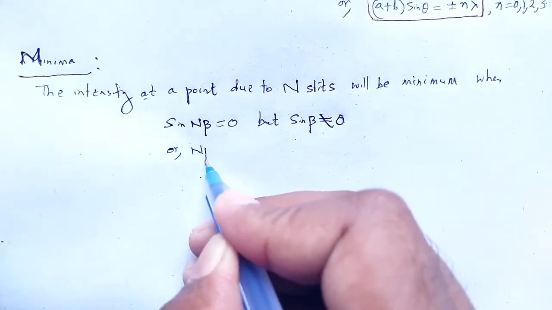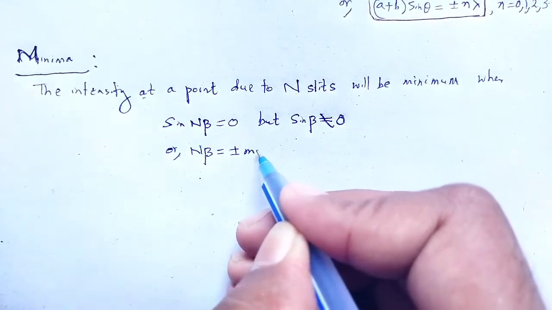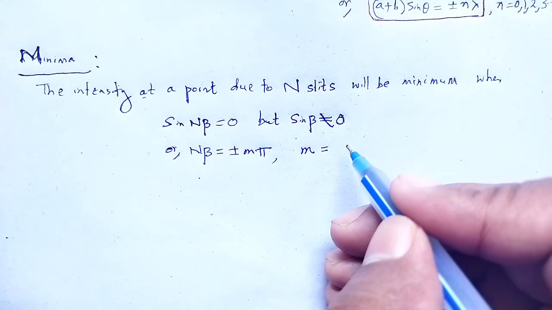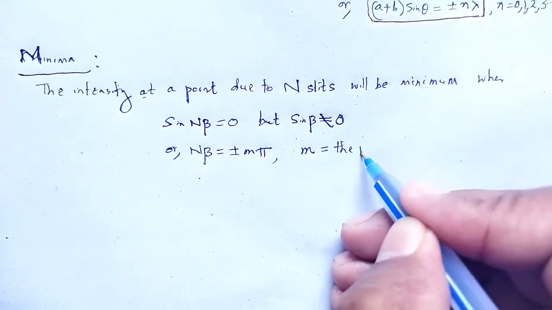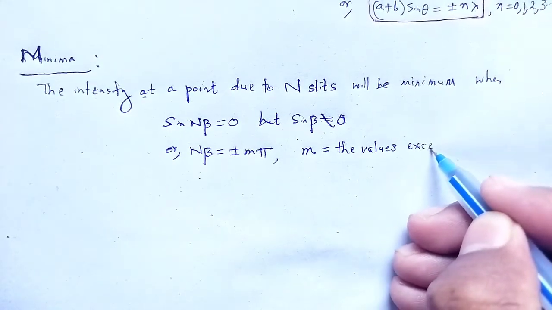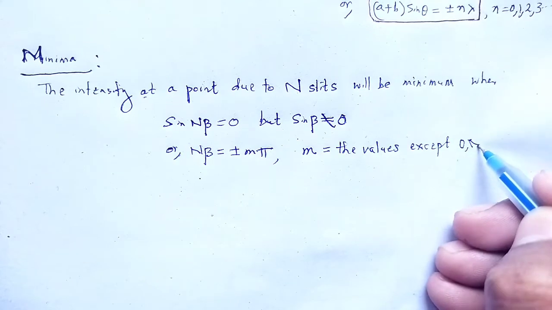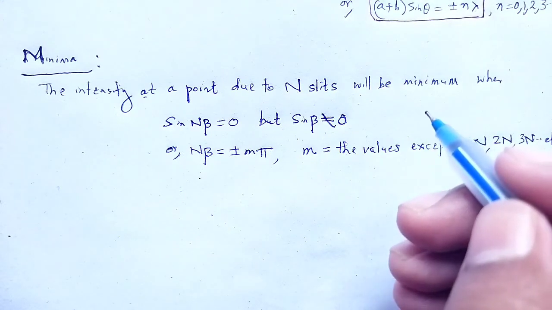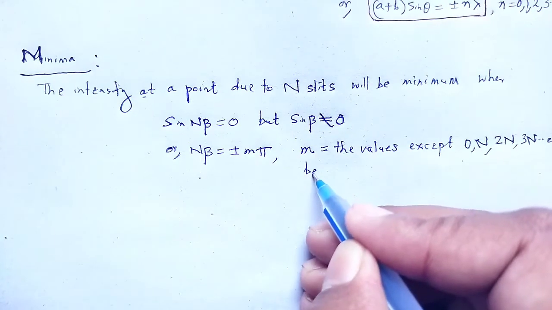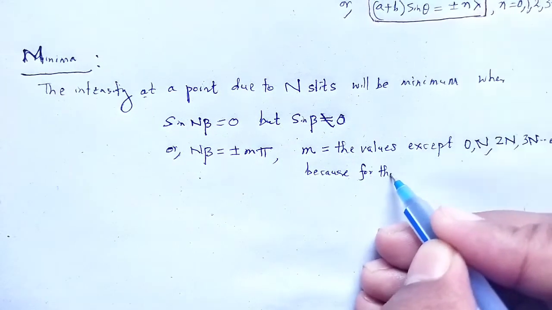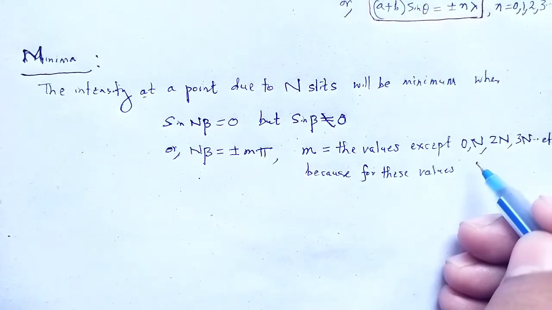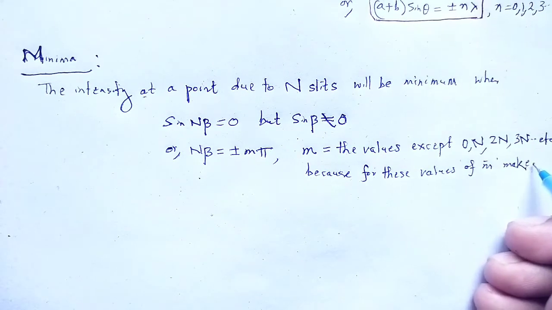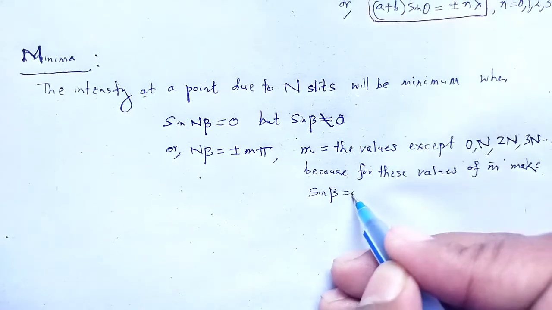Therefore, n beta is equal to plus minus m pi, where m takes all values except 0, n, 2n, 3n, etc., because for these values of m, sin beta is equal to 0.